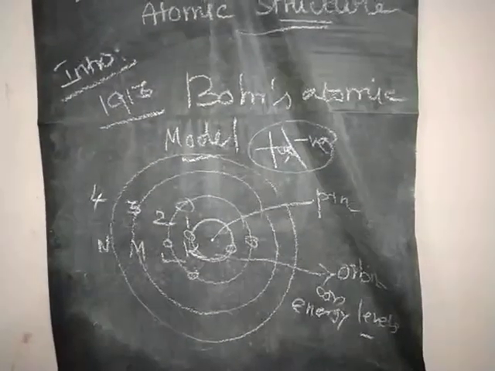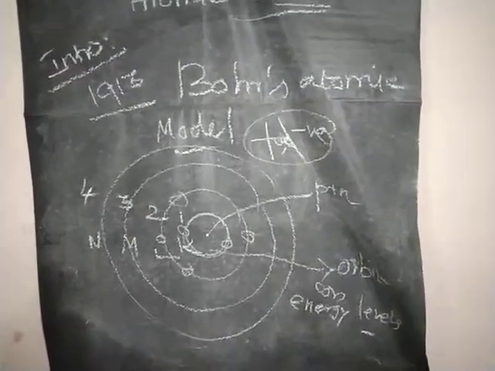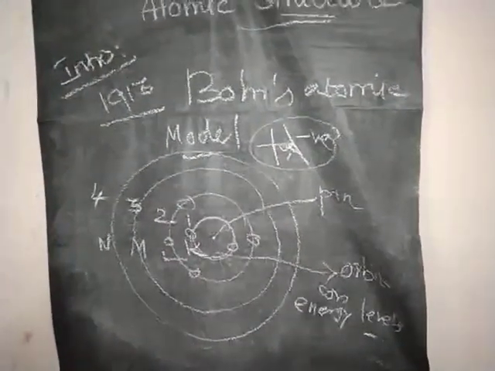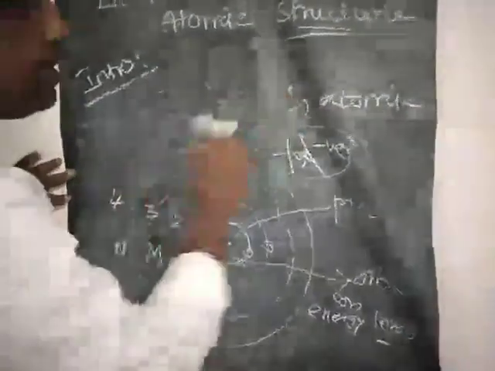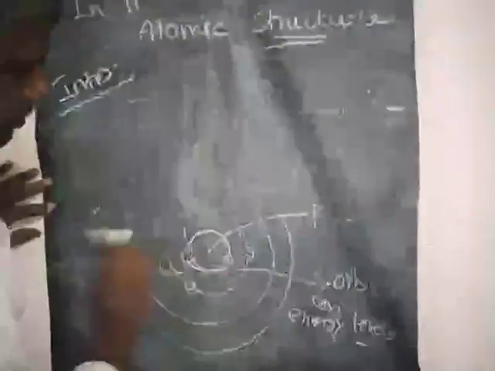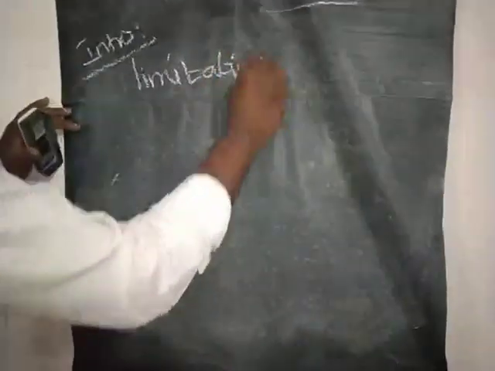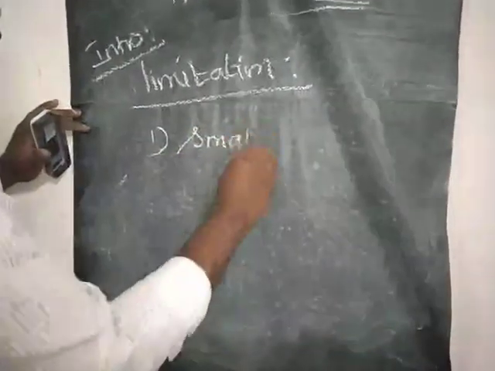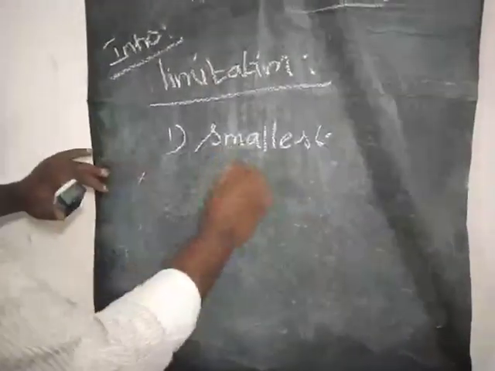Limitations of Bohr's model. He has explained only the smallest atom with a single electron, not the multiple-electron system.